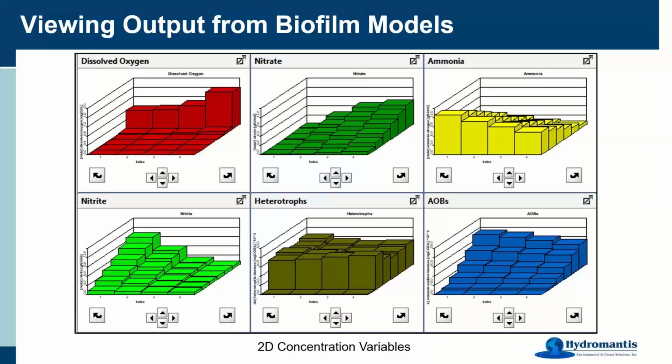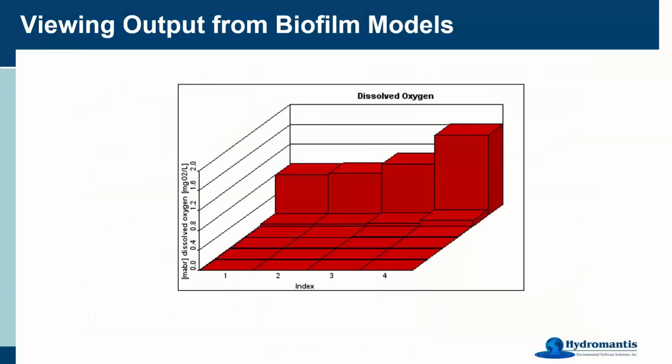And these are the 2D concentration variables, which is essentially combining those two concepts together. Each one of these rows, as it goes from front to back, is the same as doing the biofilm profile. It's just that we stack them one beside each other for those units as you go through them. I'm just going to jump ahead to this one.